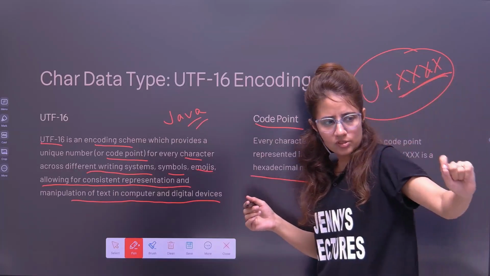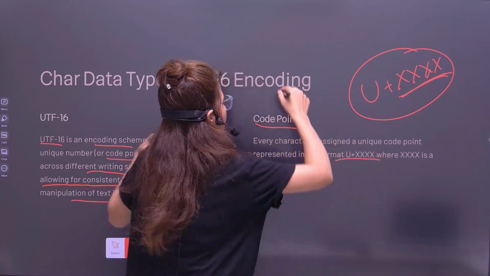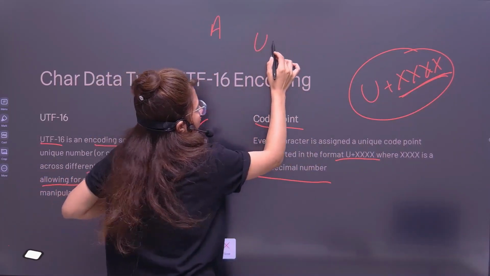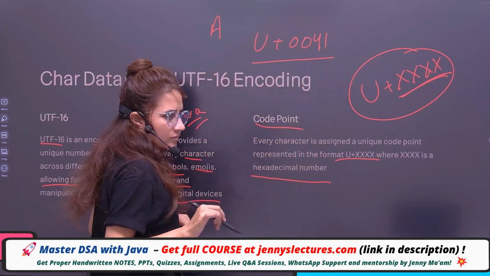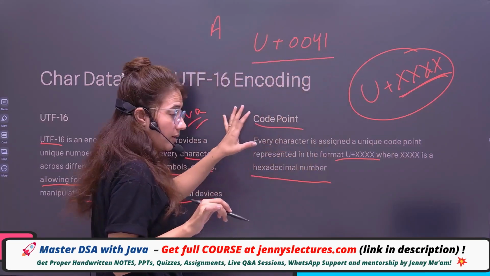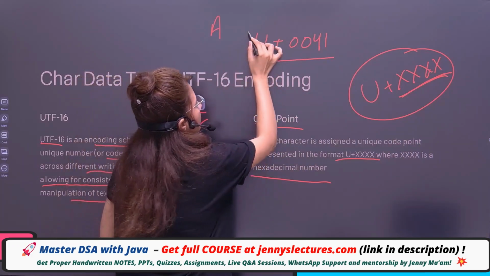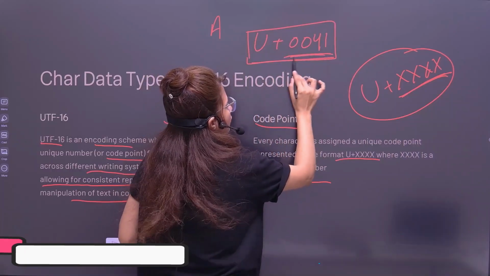I'll show you this Unicode on my laptop. But just suppose, for A, they provide U plus 00, I think it's 41. Maybe I'm wrong, but we'll check this. But most probably for A, the Unicode encoding scheme value is 0041.